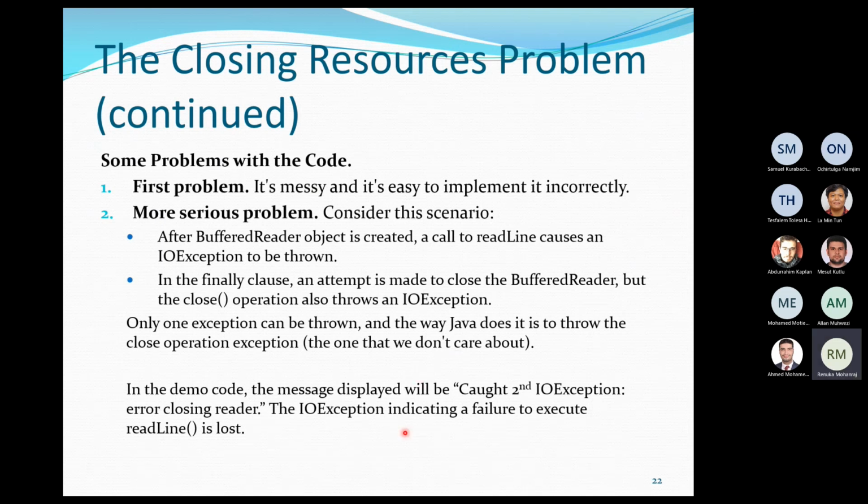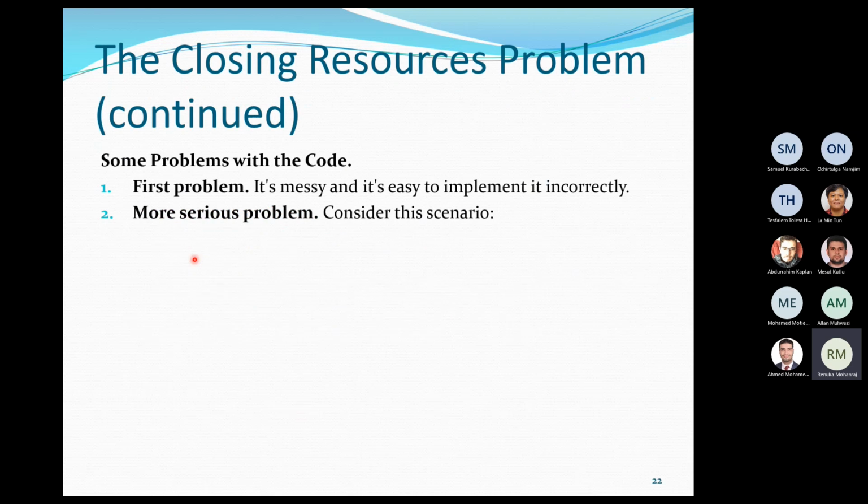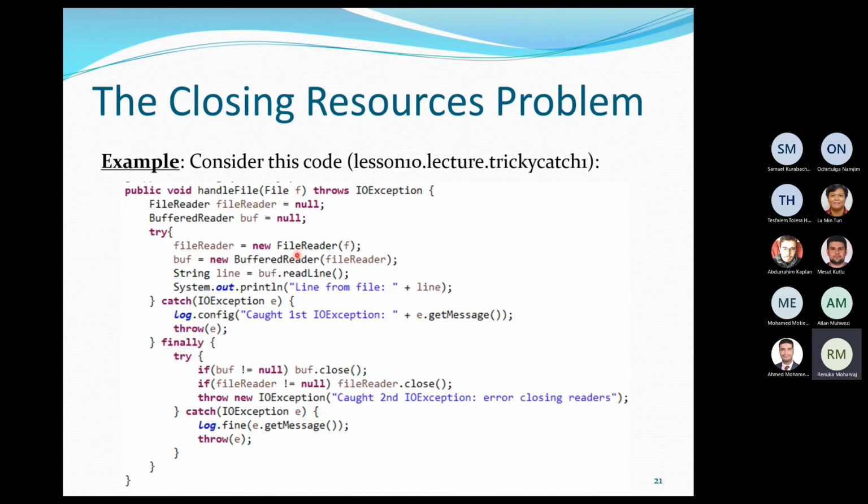Now to overcome these issues, Java 8 came up with a new feature called try with resources. Whatever resource you open, put it inside the try. Usually in the previous code, your try block just opens a curly bracket and you do the coding.